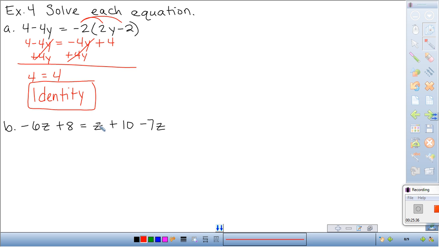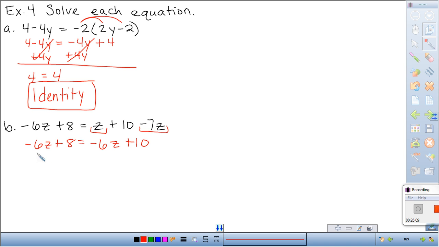On B, we have to combine like terms before we can even start moving our variables. Notice that's something we want to check for. No like terms on the left side, but we do have like terms on the right side. So we want to combine those first before we start moving our variables. So I have negative 6z plus 8 equals z, and negative 7z gives us negative 6z plus 10.